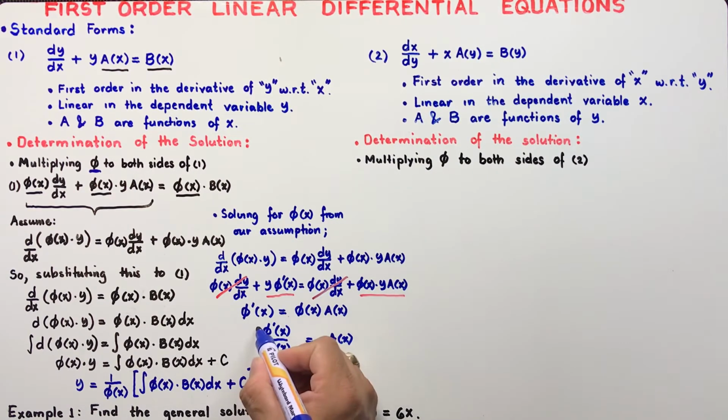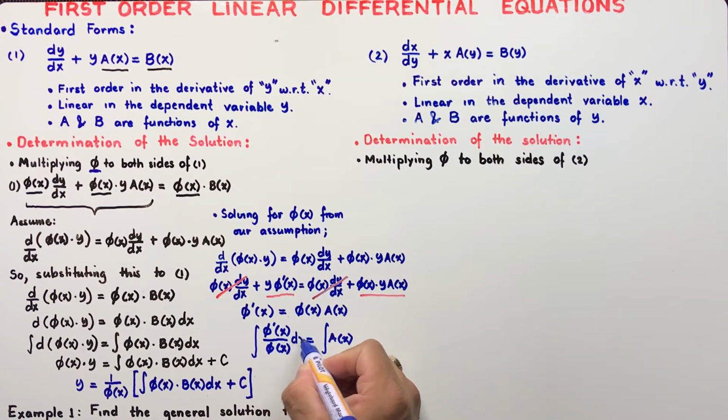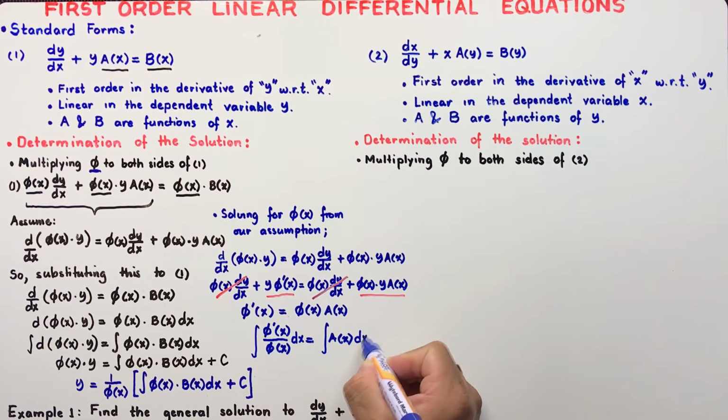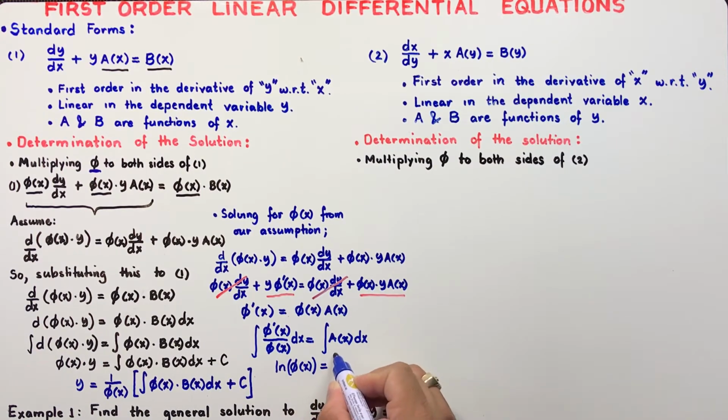And taking the integral of both sides of this equation with respect to x, here we have this as the natural log of phi of x, because the integral of the derivative of a function divided by the function itself is just the natural log of this function. And this is equal to the integral of a of x dx here.